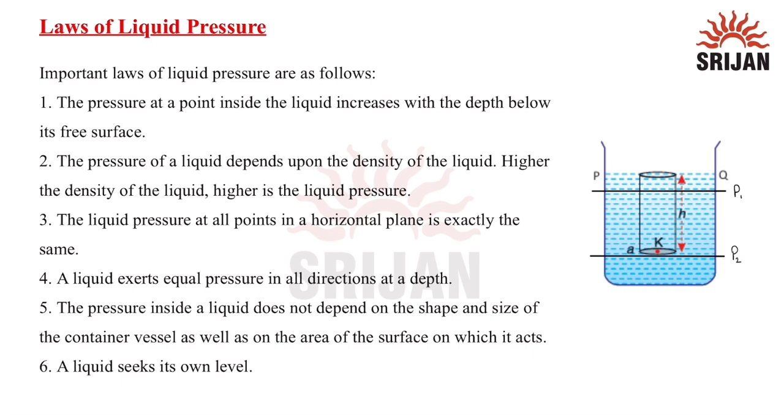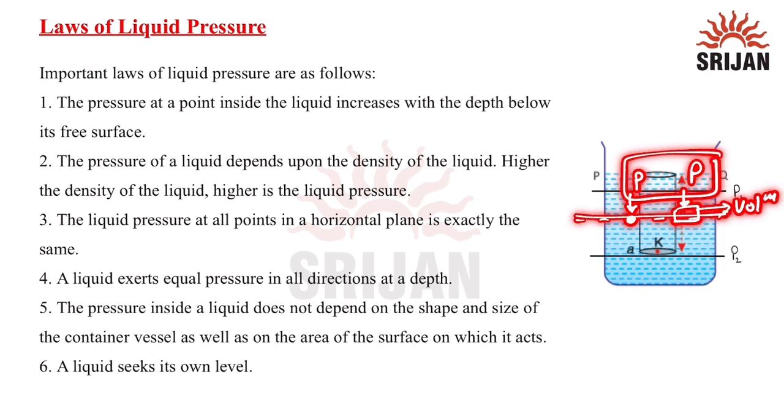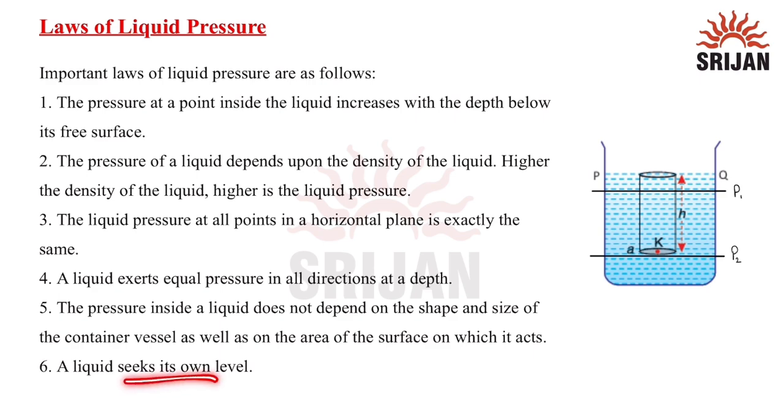If the pressure at a single point is P, then pressure on a box at the same horizontal level will also be equal to P. It does not depend on whether the volume of the box is more or less. Both will experience the same pressure at a given depth. Sixth, the liquid seeks its own level.